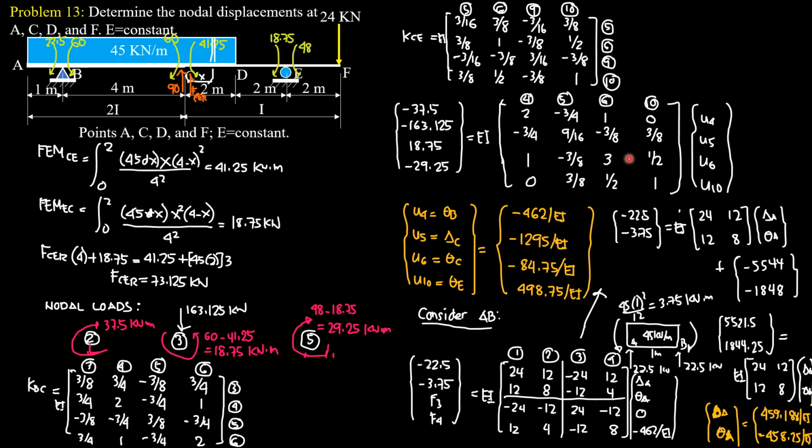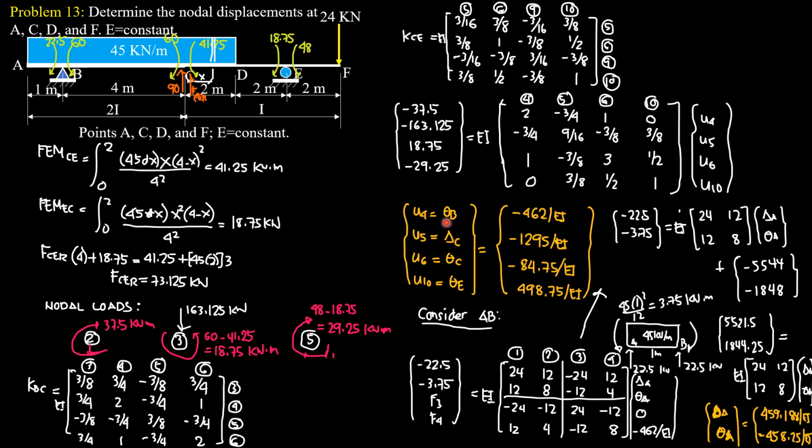So this is the global stiffness matrix for 4, 5, 6, 10. Then U4, U5, U6, U10. This corresponds to theta B, delta C, theta C, and theta E. So we can now solve this as the inverse of this matrix times this force matrix here.